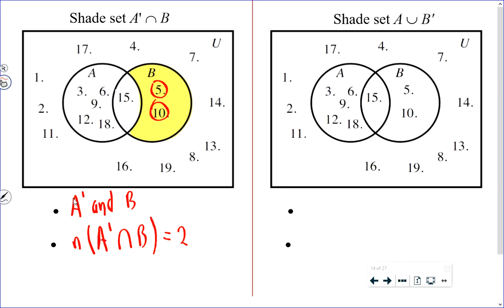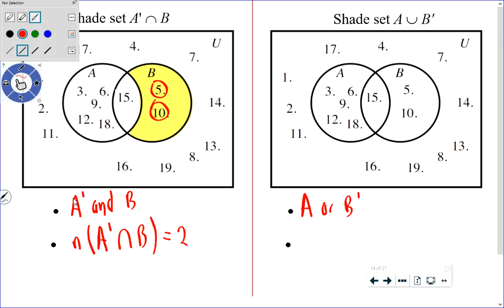So similarly, when I look over here, well, this is a little bit different. Let's talk about this. This is A or not B. So here's my thinking. What we're going to do is look at the 4 different pieces of this Venn diagram. There is a piece that is anything in this region. There is a piece that is anything in this region.